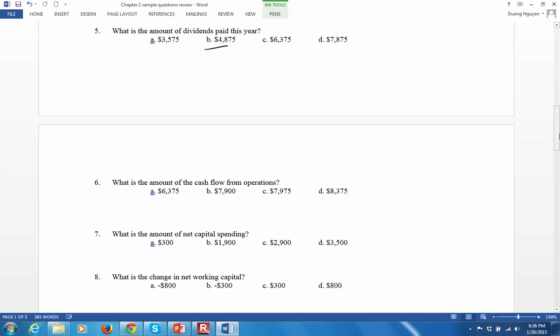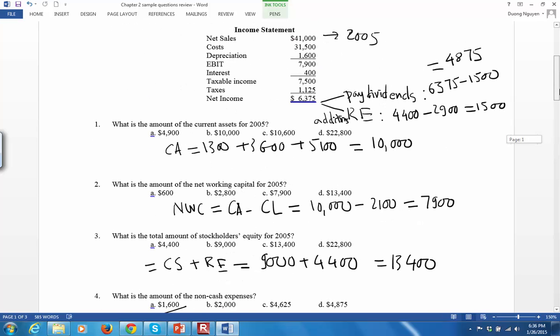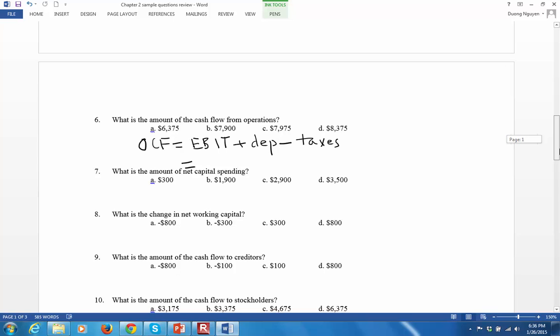Number 6, what is the amount of cash flow from operations? OCF is equal to earnings before interest and tax plus depreciation minus taxes. EBIT is given at the beginning, equal to 7,900, plus depreciation, which is 1,600, minus taxes.